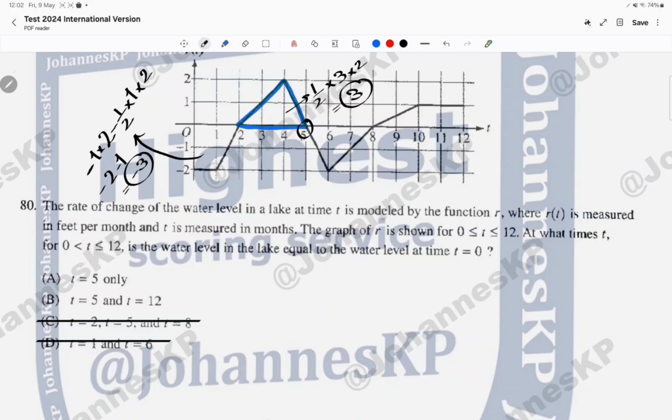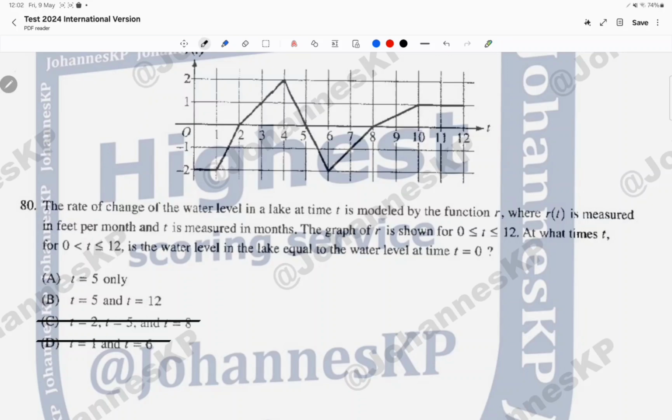Let's check the time of 12. So here, this is going to be, we said, negative 3. This guy is 3. This guy is what? Negative half by base by height. So negative 3.